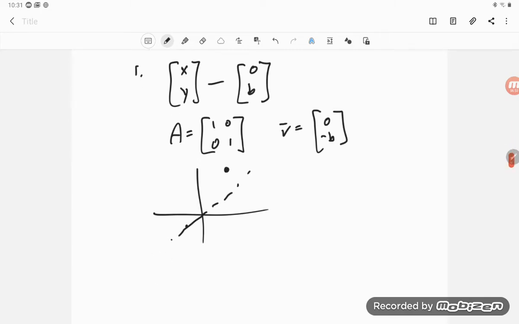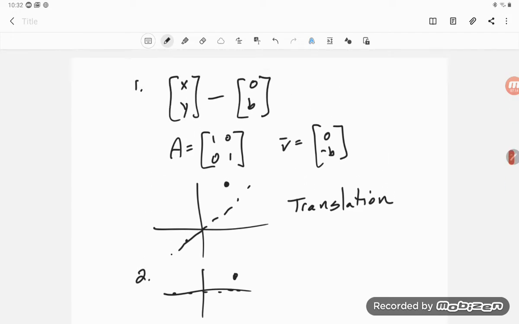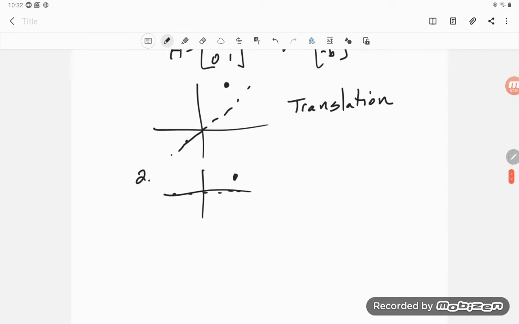And so now second, I do my rotation. Everything's along there and that point's there. So here was a translation, and that's what we get with our affine portion. We translate, we move x and y.